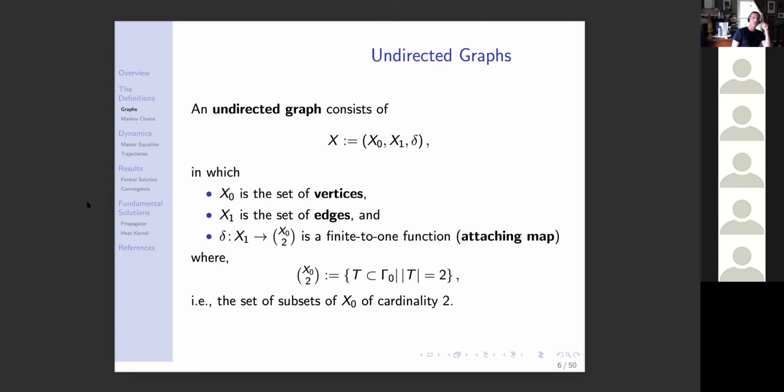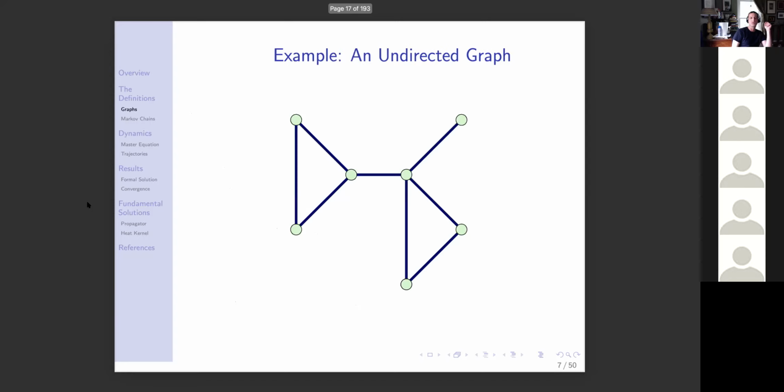And usually people represent graphs by pictures. And here's a picture of a graph. So the vertices, sometimes called nodes, are in this light pale green color. And the edges, in this case, are in this dark blue color. And the attaching data says how the edge is attached to the nodes.